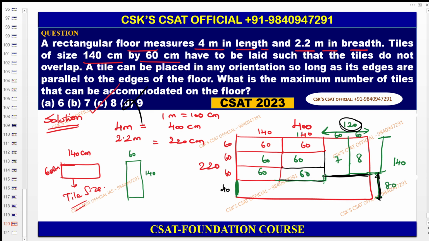Simple interest, compound interest, one question you can expect, either simple interest or compound interest. Then the average concept, every year you will get a question. If you focus on these things, minimum you can reach 25 questions. Learn these things.